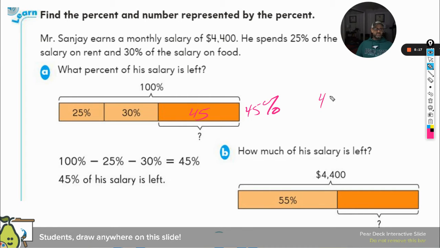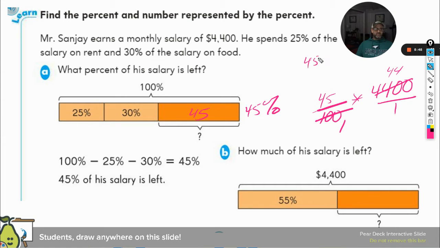Well, I would do 45% of 4,400, or 45/100ths times 4,400. Divide that by 100 and you get 44. You divide that by 100, you get 1. Oh, for crying out, are we seriously doing 45 times 44?